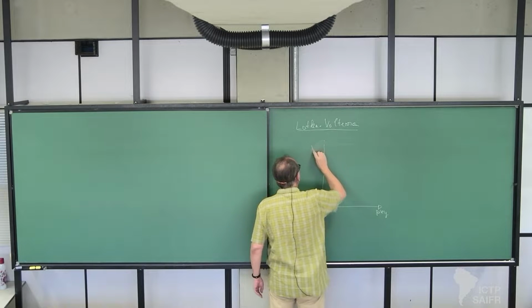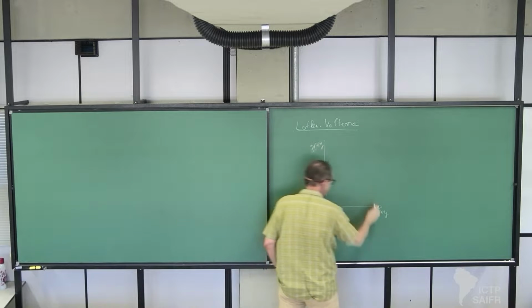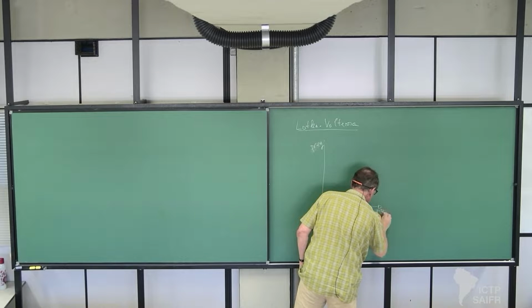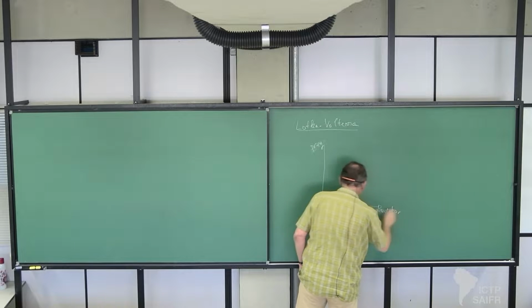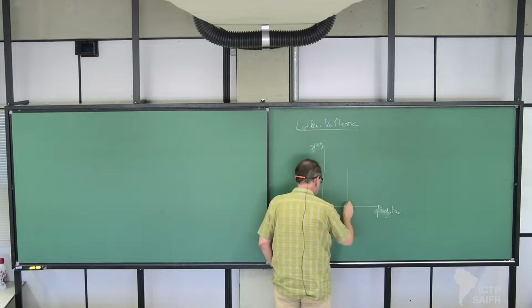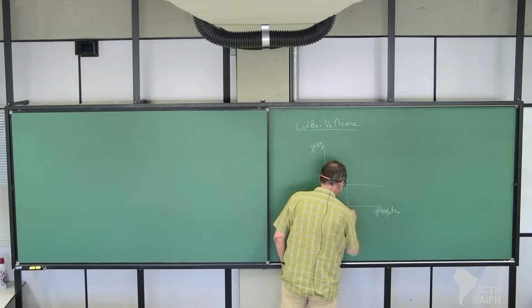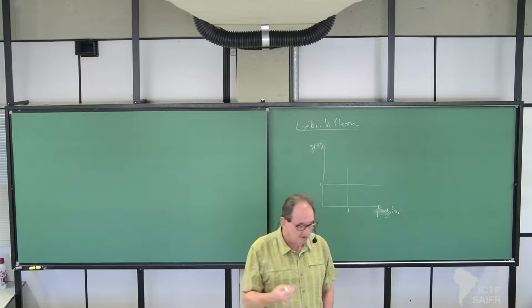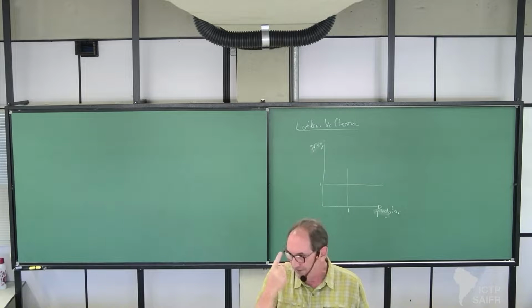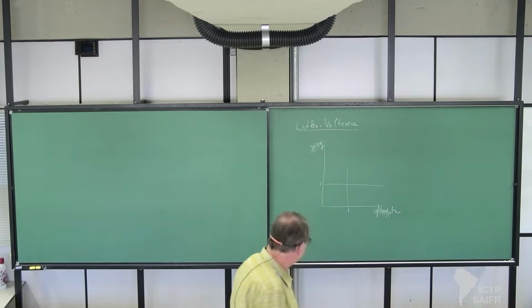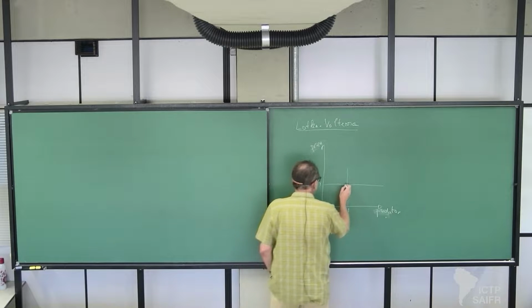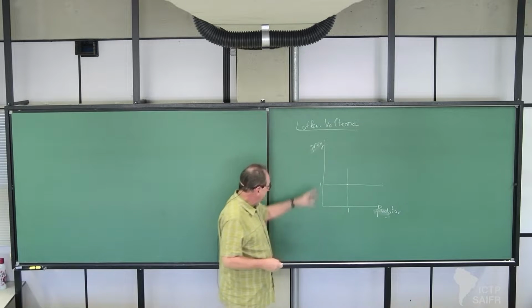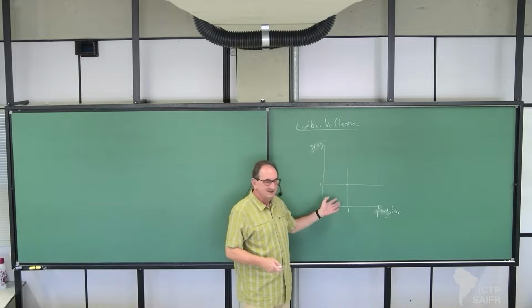Prey, predator, and we had these null clines, which in the units that we are using were 1, okay? So the fixed point is 1, 1. So the question is, why does it imply circles or oscillations, okay?